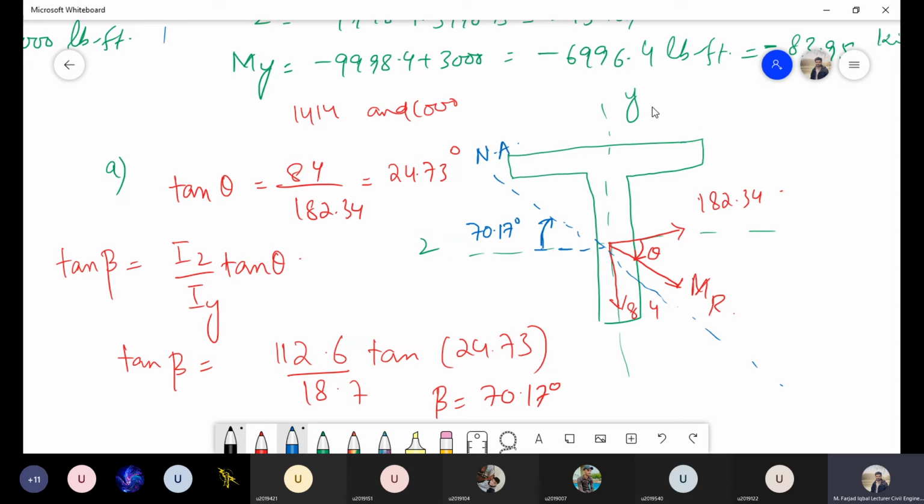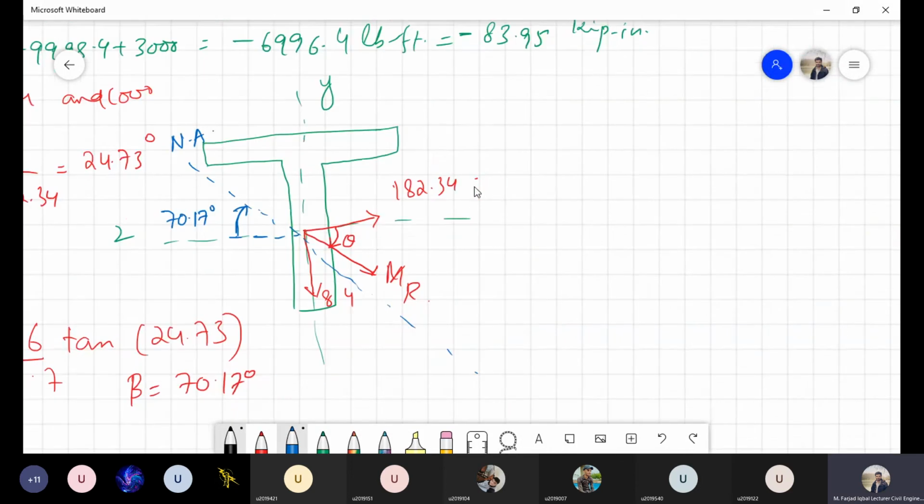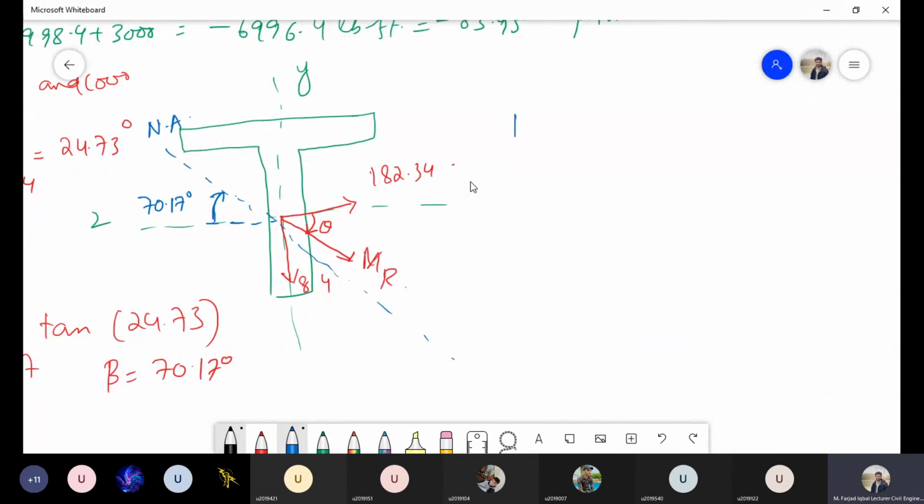Now in the second part, we were supposed to find the maximum tensile and compressive stresses. For that, again, we have to do a bit of a trial and error procedure.